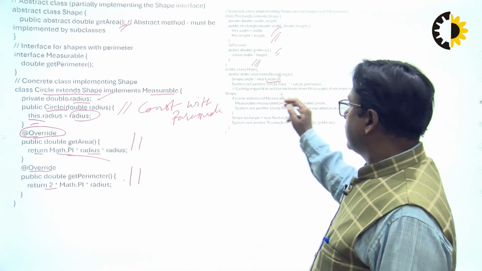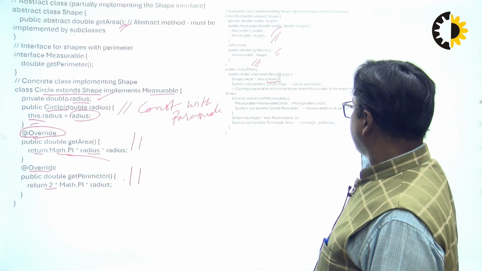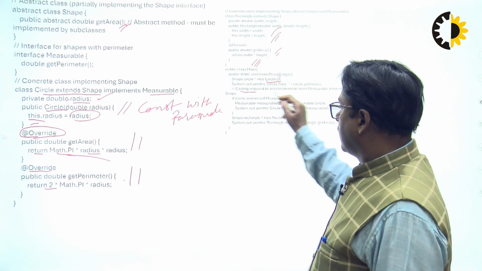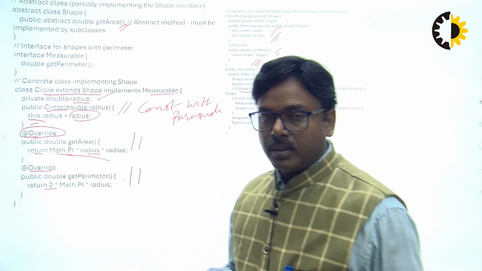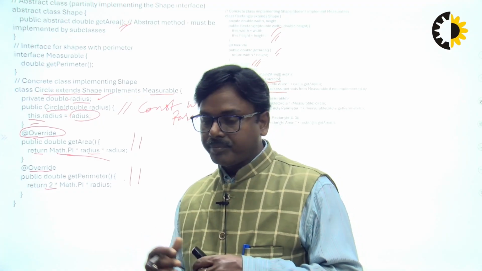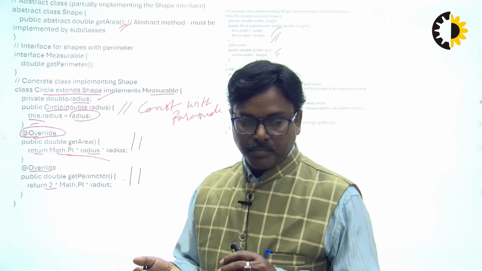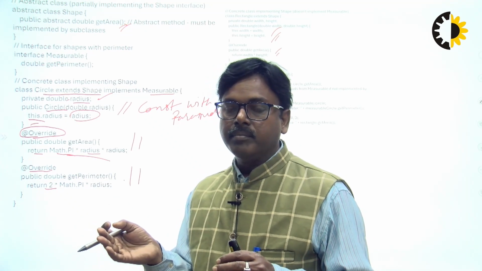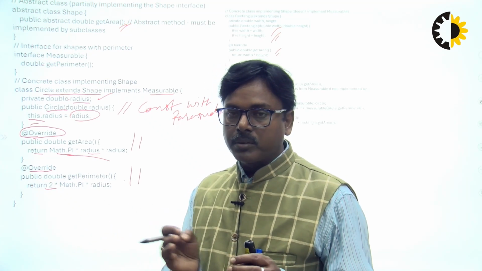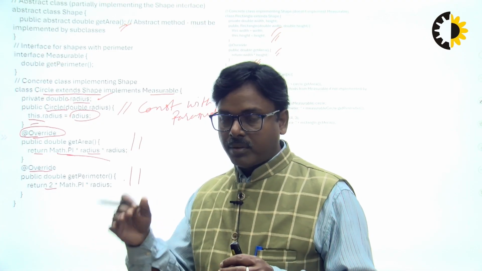Similarly, casting is required to access methods from Measurable if it is not implemented by Shape. This explains what happens when we are moving from one data type to another. It is not possible to directly convert from one data type to another.